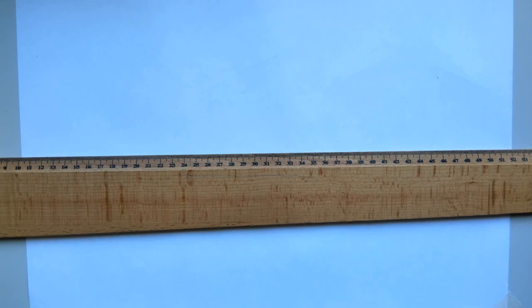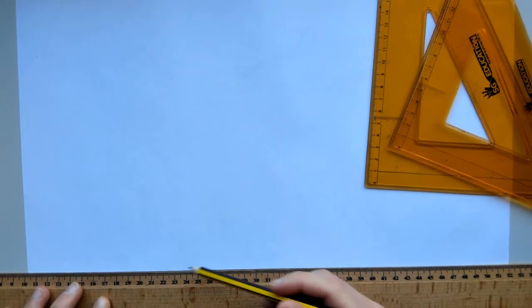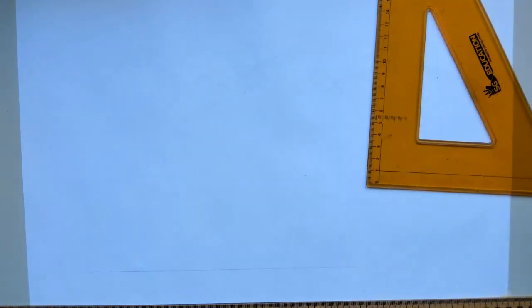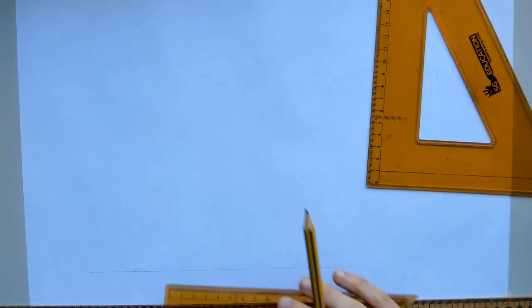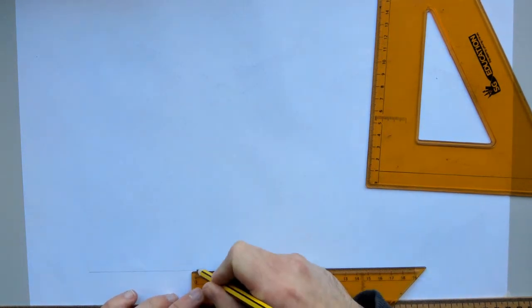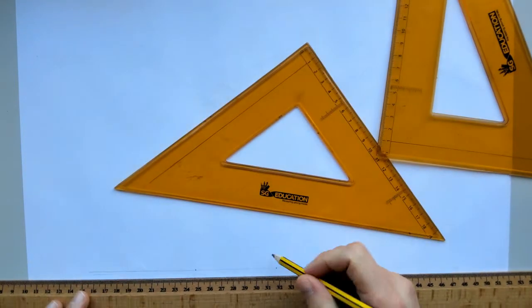So to start the question, I'm going to start by drawing the plan view using the measurements given. So AB is 70 mm apart. Draw that in there.